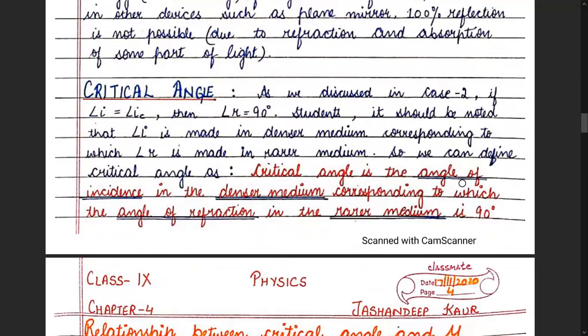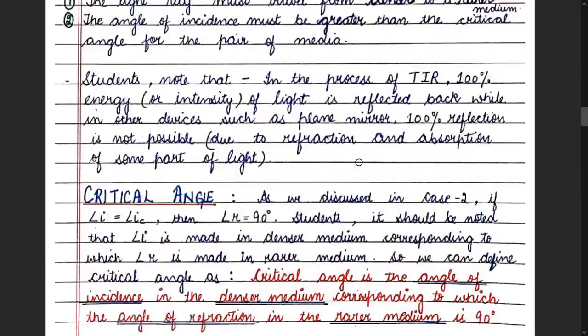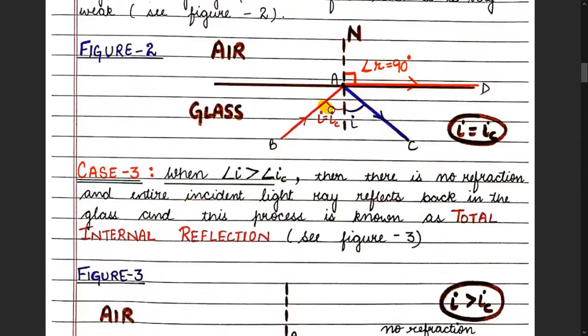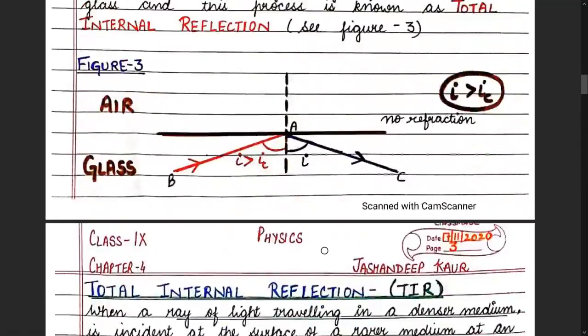So students, as we discussed in case 2, if angle of incidence is equal to critical angle, then the refracted ray is making an angle of 90° with the normal.